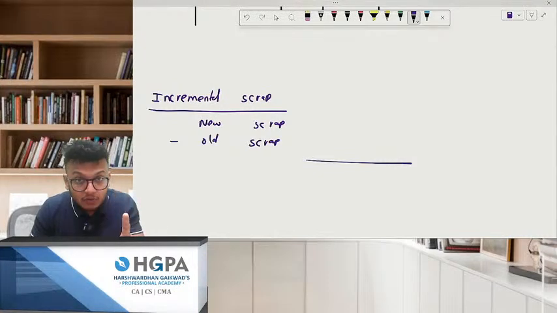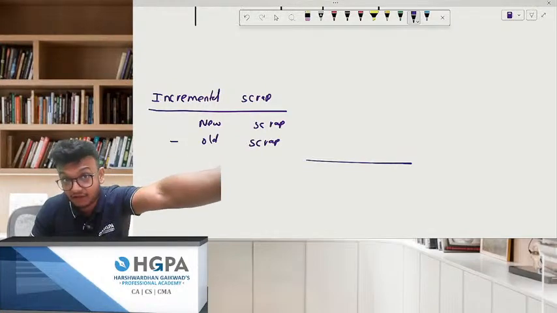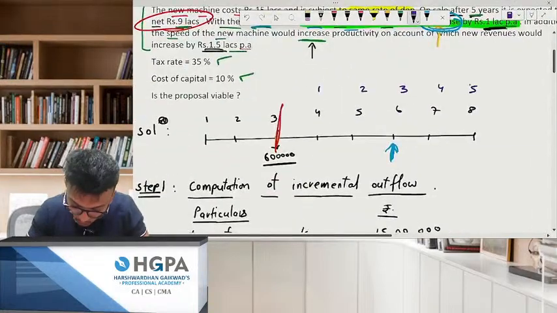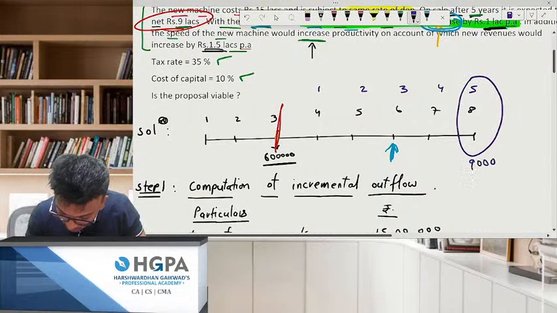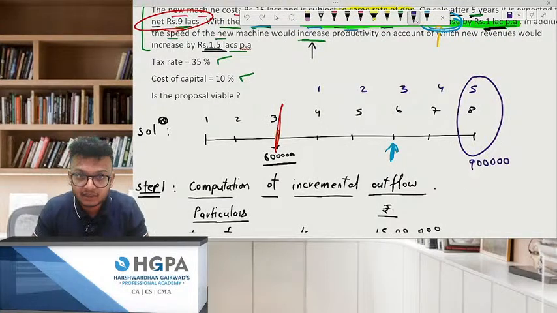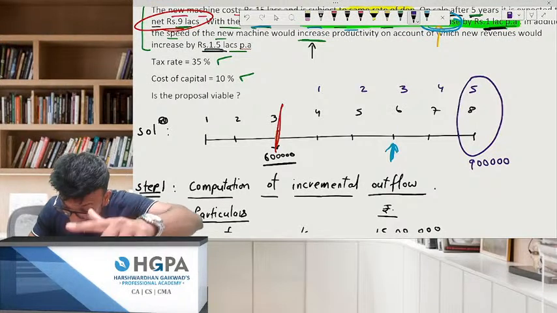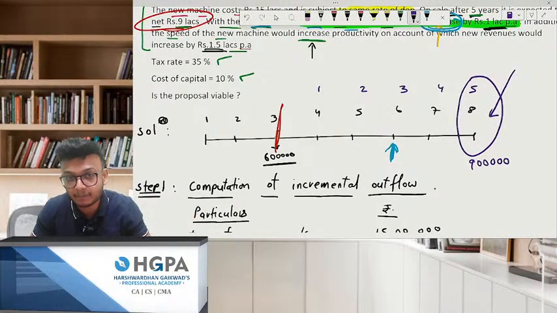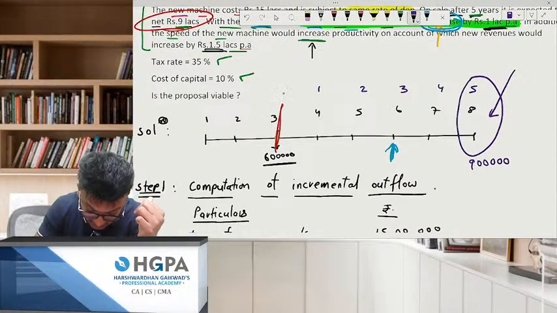The scrap value given for the new machine is at the end of its useful life, that is when, over year, they have given you 9 lakh rupees. They have not given you the scrap value of the old machine at the end of this 8 year. There's nothing in the question.